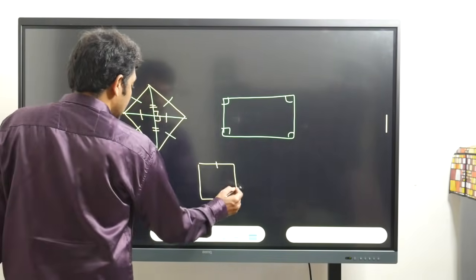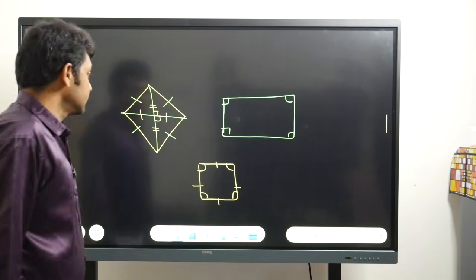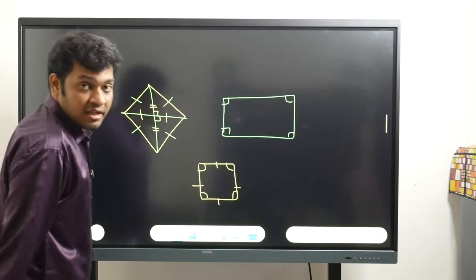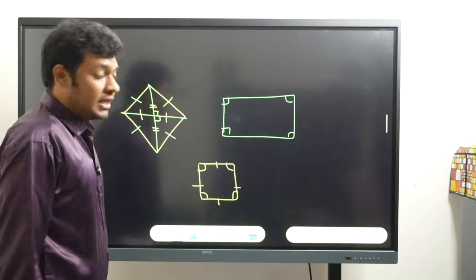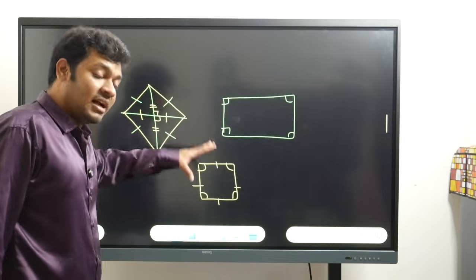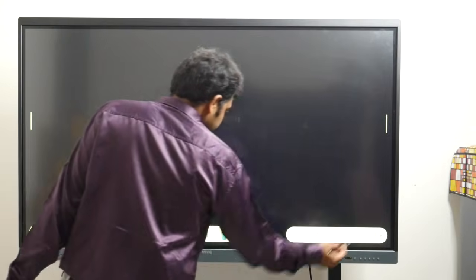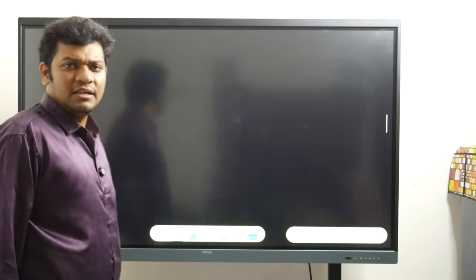So a rhombus is a parallelogram where all sides are equal. A rectangle is a parallelogram where all angles are equal to 90, and if its sides and angles are equal, it's called a square. The rest of the properties apply. Area, volume, everything we will see in the mensuration chapter.